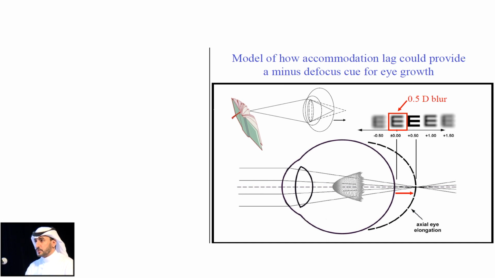With 0.5 or 1 diopter of lag during the near task, the image would require +1 to bring the image back from the back of the eye to fall exactly on the retina. So that 0.5 diopter sphere would be a stimulus for eye growth, and this would make the myopic subject progress too fast during childhood.